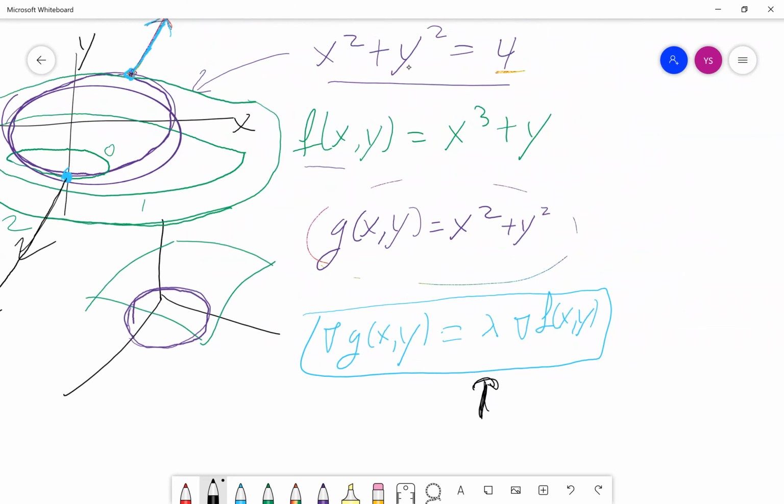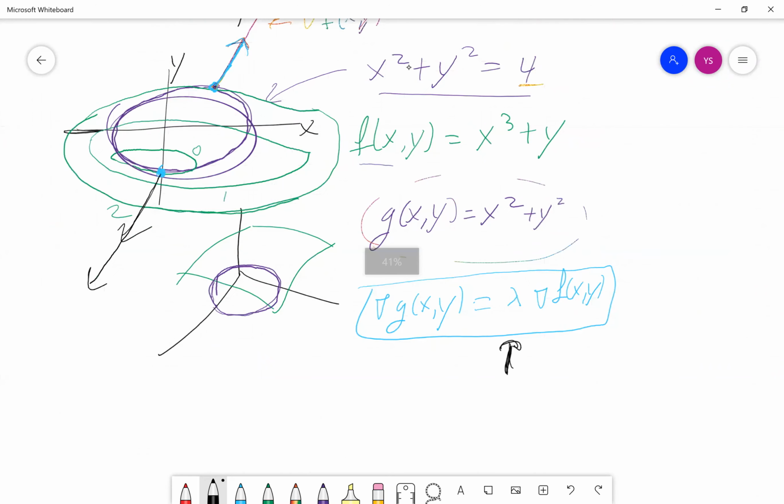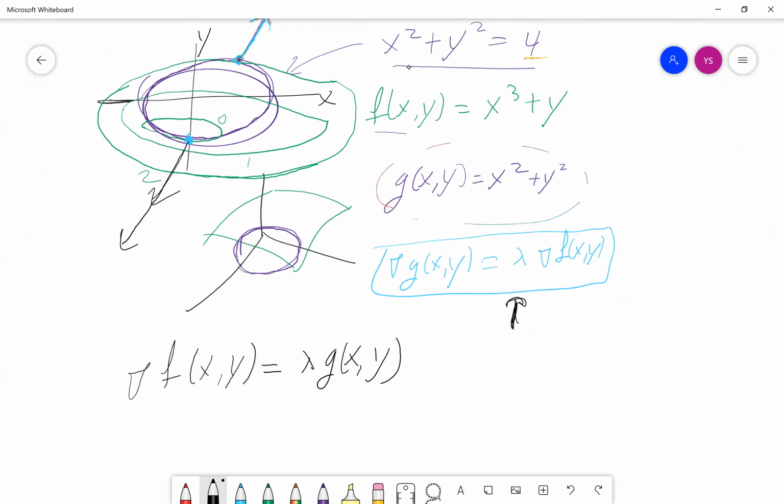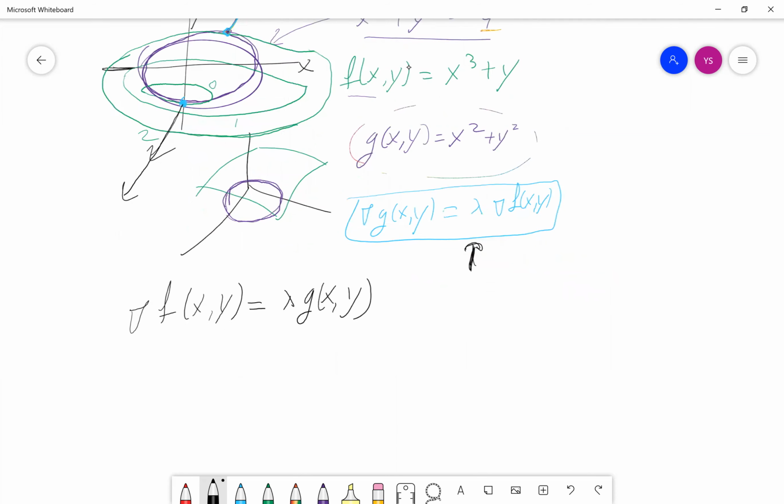So let's do this as an example. What does this tell us? We want the gradient of f at (x, y), and I'm just going to move the lambda to the other side, is equal to lambda times the gradient of g at (x, y). That's the formula, where g is my restriction and f is my function whose minimum and maximum I'm trying to find. So what's the partial of f with respect to x?